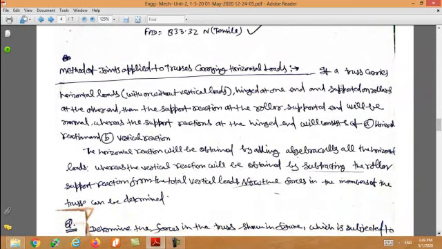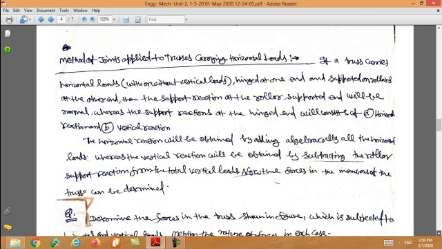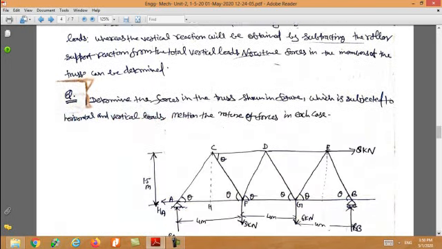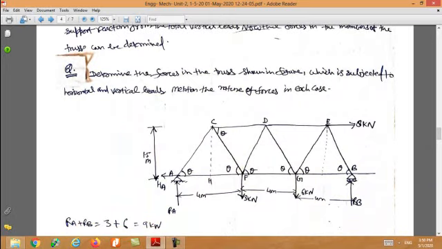In horizontal loads, if a truss carries horizontal load with or without vertical load, with a hinge at one end and supported on rollers at the other end, then the support reaction at the roller support end will be normal, whereas the support reaction at the hinge end will consist of horizontal reaction and vertical reaction. Okay, so for this roller end it will be the vertical, for this hinge end it will be the vertical and horizontal reactions.